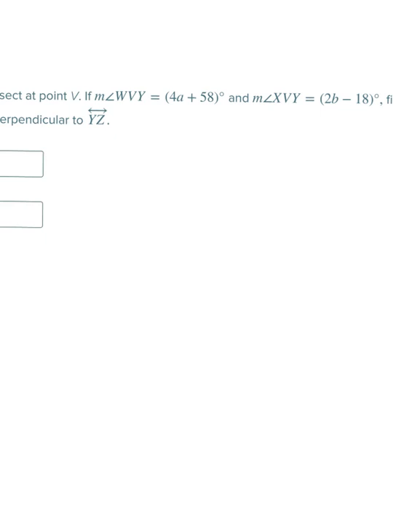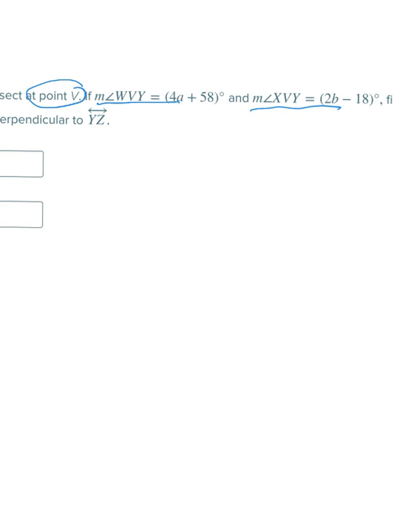That means that reads line WX and line YZ intersect at point V. We're given the measure of angle WVY and the measure for angle XVY. And we're going to solve for A and B.